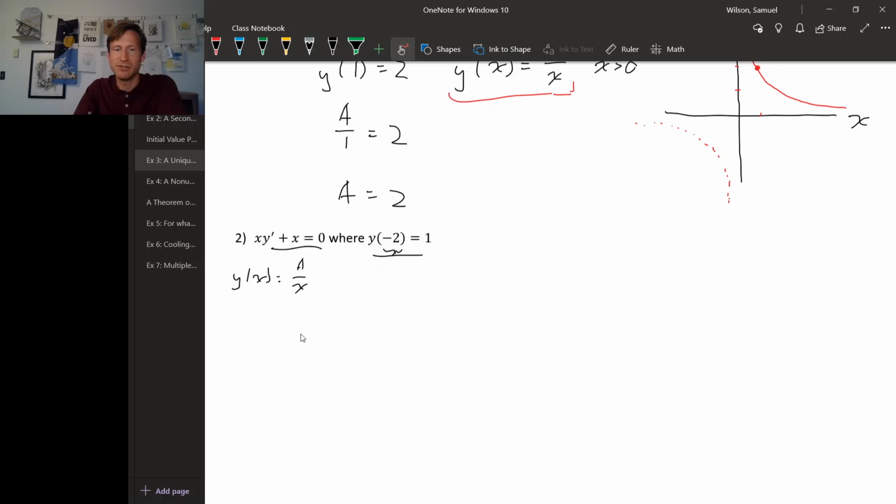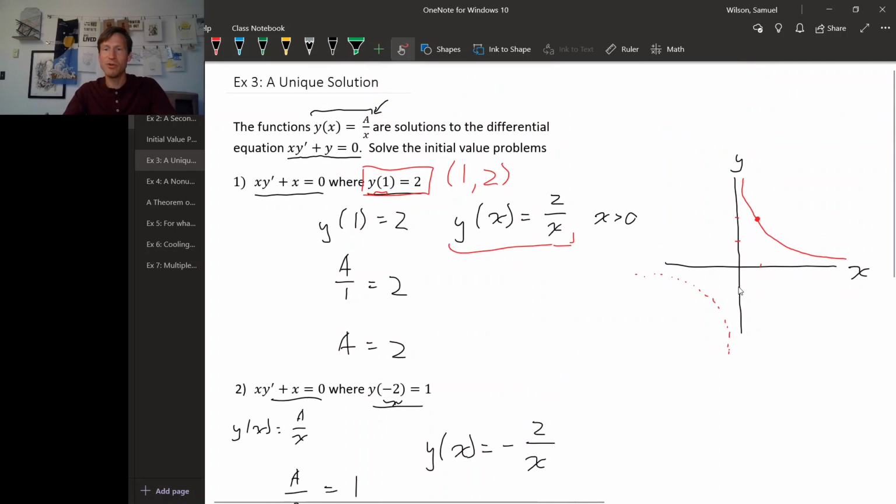So plugging our x value in there, we get capital A over negative 2 equals 1, and that means A is negative 2 this time. So our solution comes out to be y of x equals negative 2 over x.